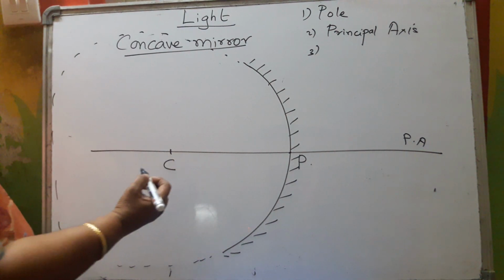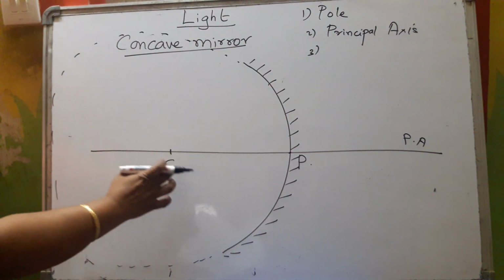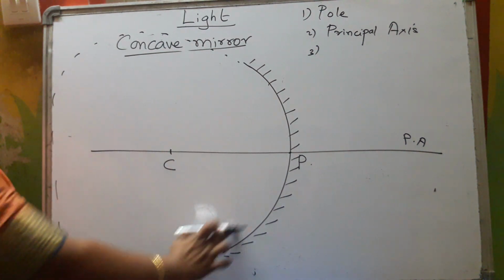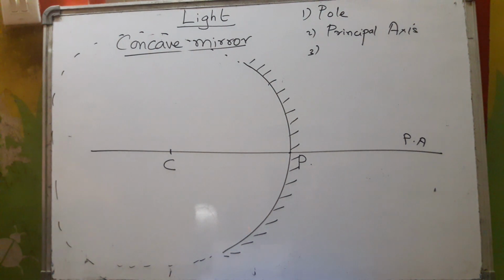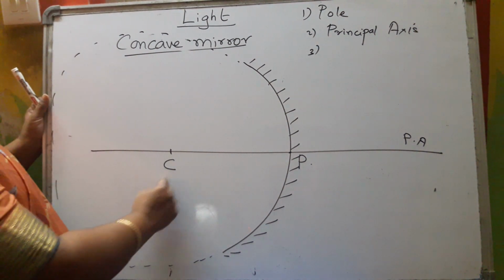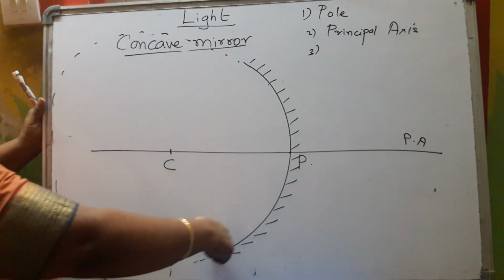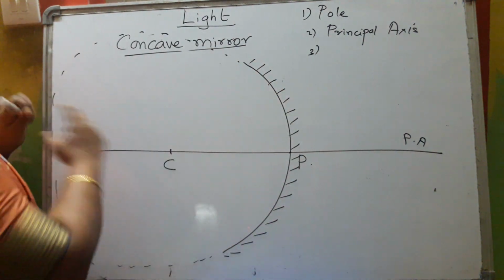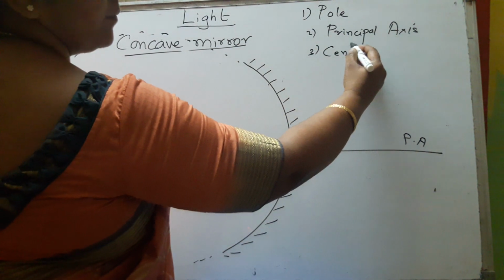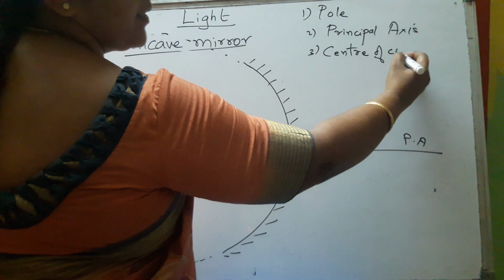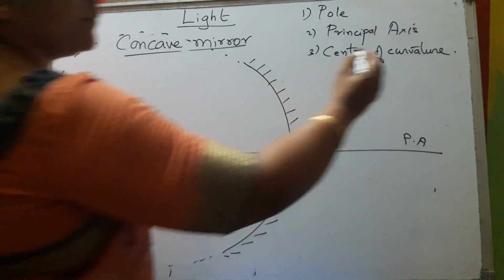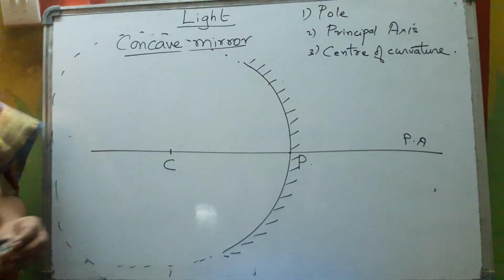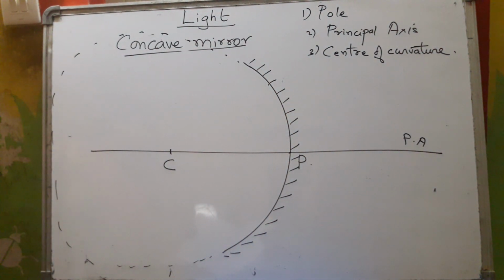So, center of curvature may be defined as the center of the sphere of which this mirror is a part. Center of curvature is represented by the alphabet C.